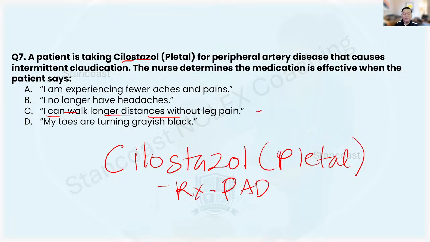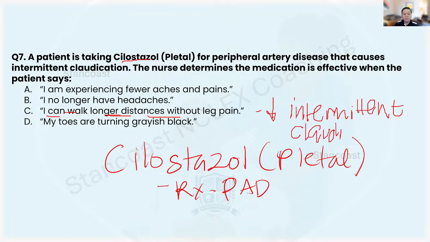So that simply means that there is less intermittent claudication. Remember about the intermittent claudication? This is going to occur when the patient ambulates. The pain will come back because of the poor blood supply to the bilateral lower extremities. And so this can treat that intermittent claudication. So letter C would reveal that finding.